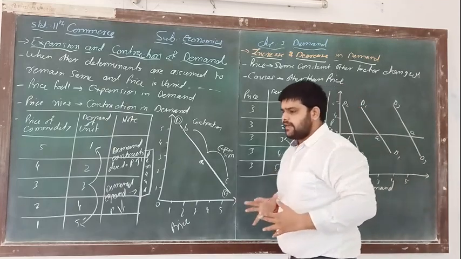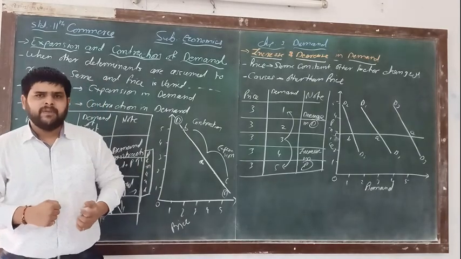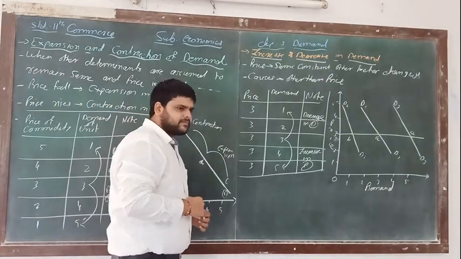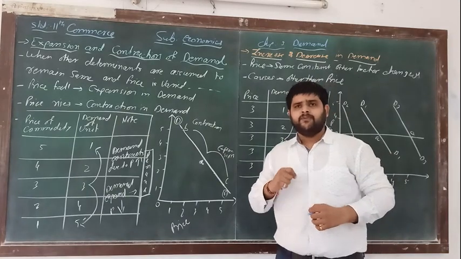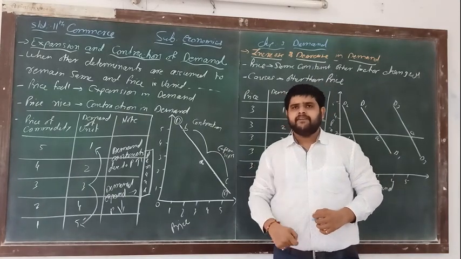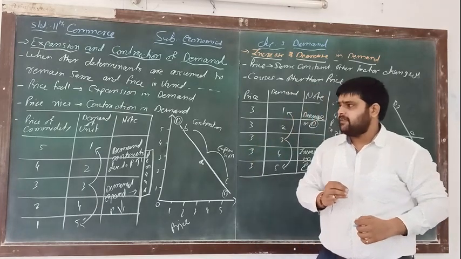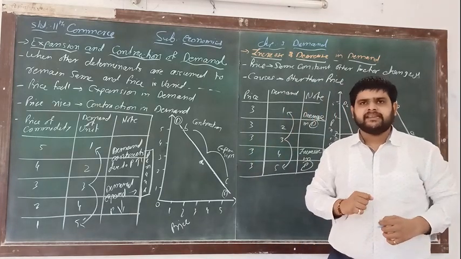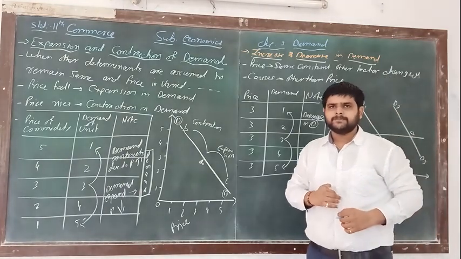These two points are almost interrelated, but one major difference is there, which is again connected with factors affecting demand. As we know, in factors affecting demand there are various types of factors. First, those related to price.